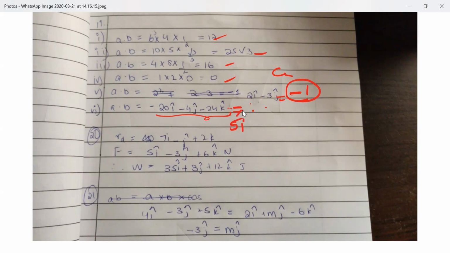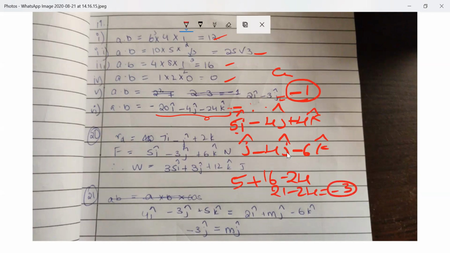Here we have 5 i cap minus 4 j cap plus 4 k cap, and the other is i cap minus 4 j cap minus 6 k cap. Now what is the scalar product of this? 5 plus 16 minus 24. 21 minus 24, which is -3. Yeah, -3. Okay.